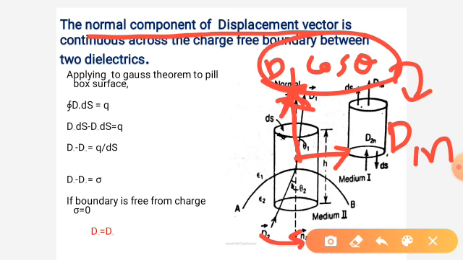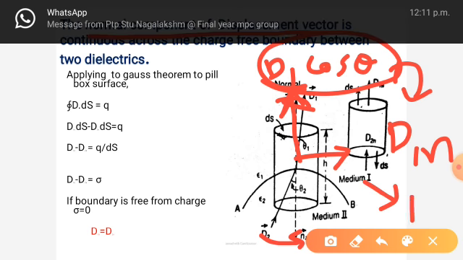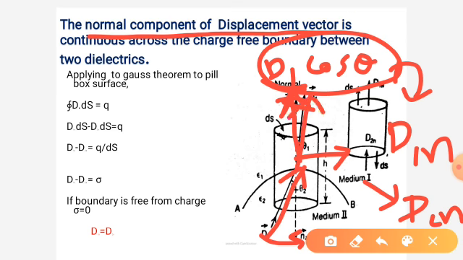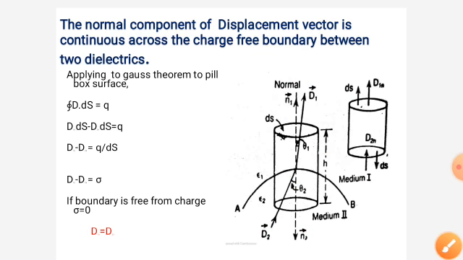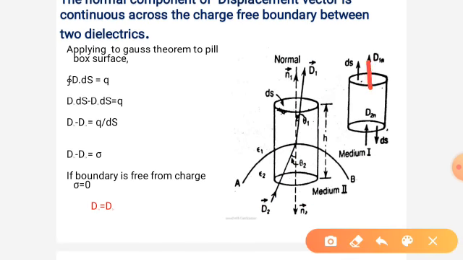It can be represented as D2n. Its direction is inward, its direction is outward. So D1n is like this, D2n is like this. So take the integral so that we get the total displacement vector at the boundary.